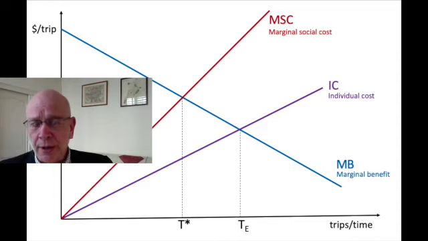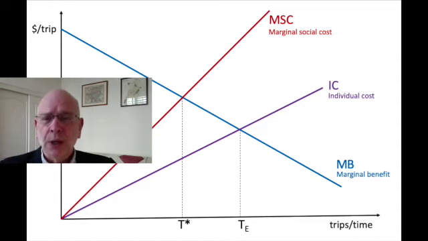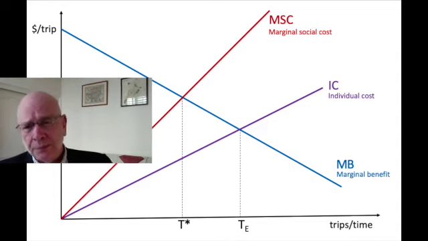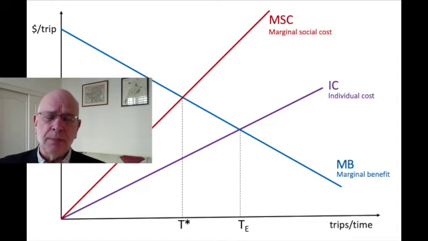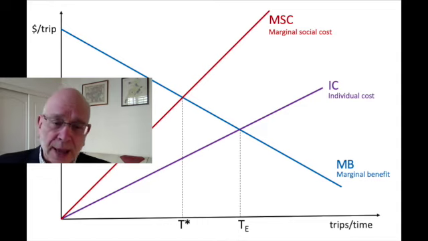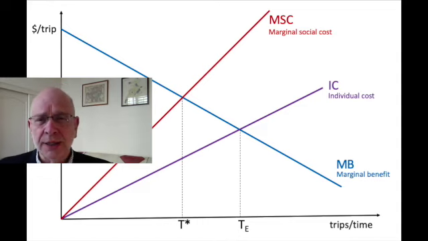So you don't want to go beyond that, but you want to go right up to the point where marginal benefits are still exceeding marginal costs. Since we want to look at this from a system-wide perspective, we're thinking about the marginal system-wide or social costs associated with this trip taking. And hence, T star is indicated here as the optimum.